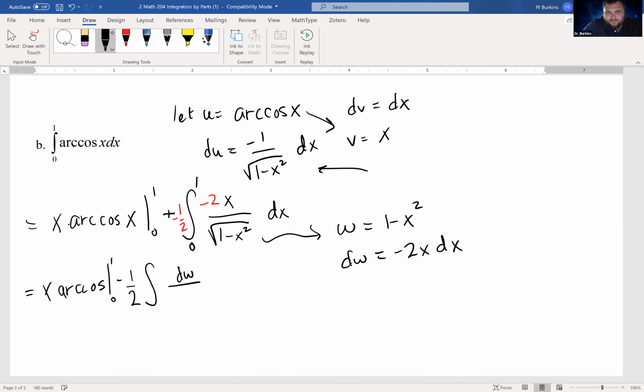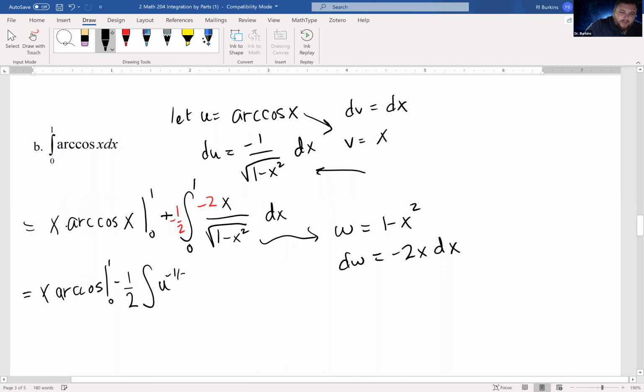And on the bottom, it's going to be the square root of w. Instead, we can write that as w to the minus 1/2, which is the same thing as 1 over the square root.